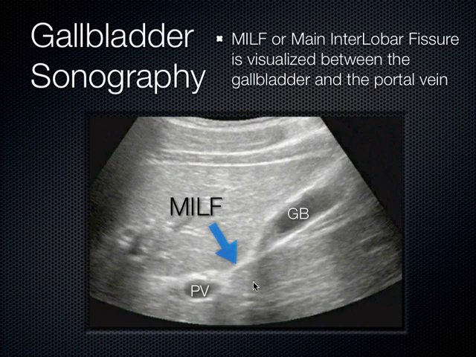Well, about 75% of patients have a very prominent main interlobar fissure that you can see connecting your portal vein up to the neck of the gallbladder. Okay? Is that where you're seeing stones? Well, you'll see stones all throughout the gallbladder, sometimes down in the neck, sometimes up in the fundus, in the body. Depends how the patient's been standing or sitting, because the gallstones roll all around.